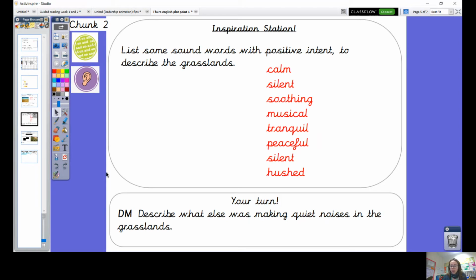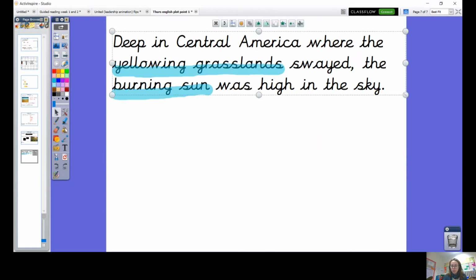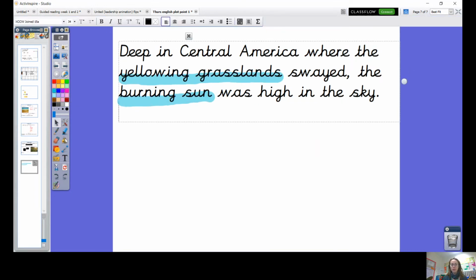And now let's think about our sentence. So I'm going to continue my sentence, a bit like you'll continue your sentence. I'm going to actually describe what it's like at the top of the prairie, the grass, and then I'm going to go in what it's like underneath, which is where those insects were.